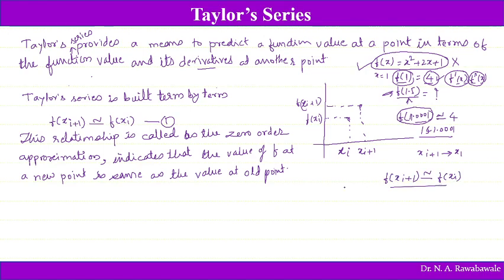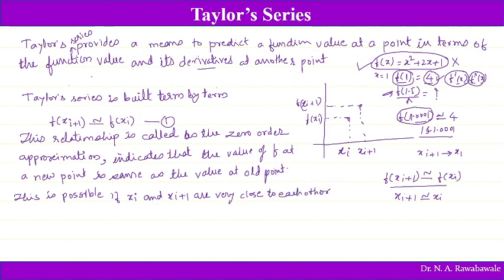It is possible only if xi plus 1 is very close to xi, that is, if xi and xi plus 1 are very close to each other. Otherwise this is not true.